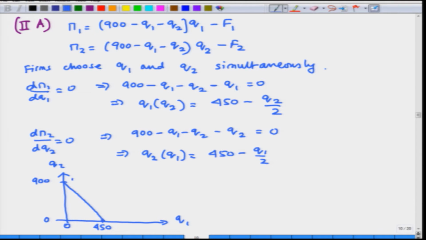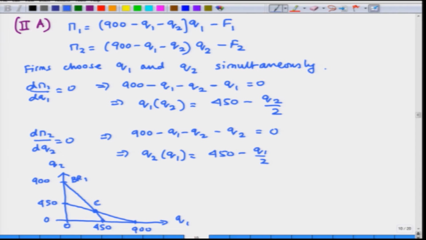So, this is the best response of firm 1, and on the other hand, if we were to draw firm 2's best response, if q1 is 0, q2's best choice is to produce 450, and if q1 is 900, then q2's best response is to not produce anything at all, and the Cournot solution is here.